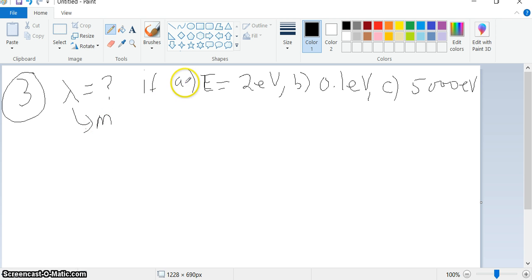Part A: if the energy of a photon is 2 electron volts, what's the wavelength of the photon? Part B: if the energy of the photon is, remember we're talking about light, 0.1 electron volts, what's the wavelength? And part C: if the energy is 5,000 electron volts, what is the wavelength?